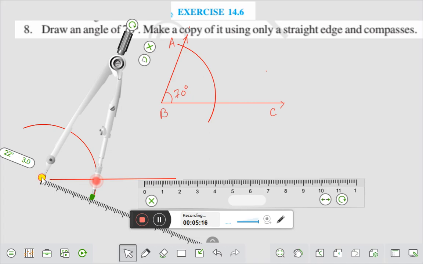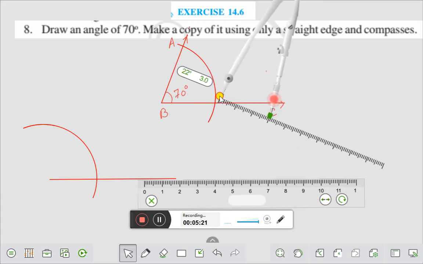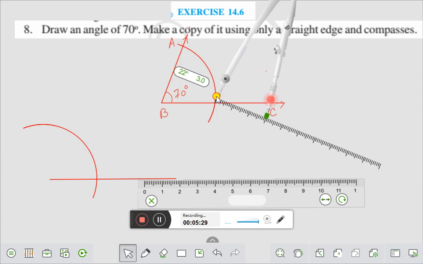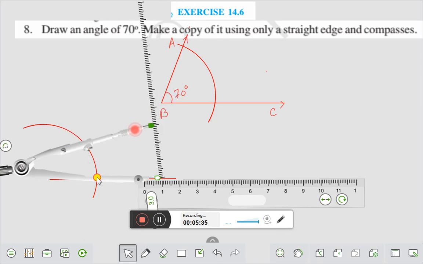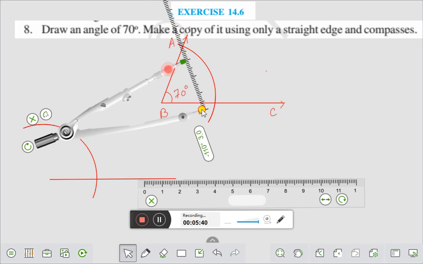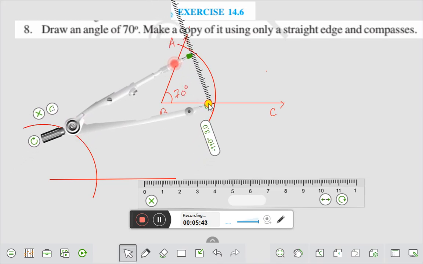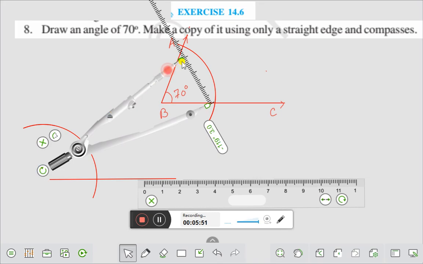Right? Now again take this pointer at this point and adjust the distance here to mark this point.